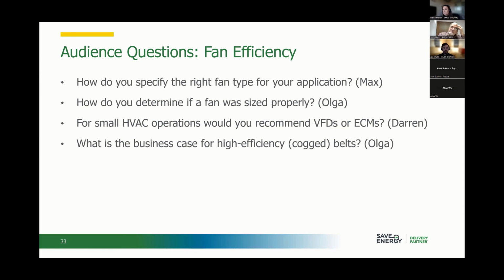So the business case for high efficiency cog belts: I'll give you my rule of thumb, which is that a cog belt has about half the mechanical loss of a traditional V belt. So if a traditional V belt was 95% efficient, a cog belt is about 97.5%.